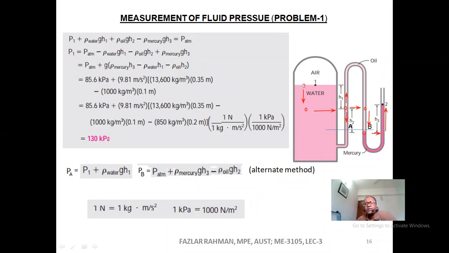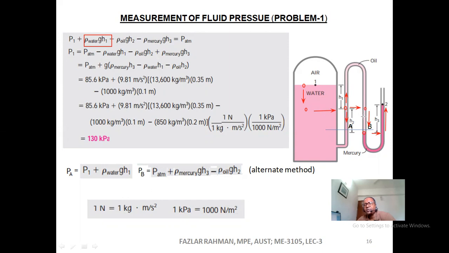So at this point, pressure P1, you walk down through the water. Again, we cannot go from here to here, because this is oil and this is water, not the same fluid. So P1 plus, you come down this mass, H1 rho water g. Now from here you come right over here, same pressure over here and over here.